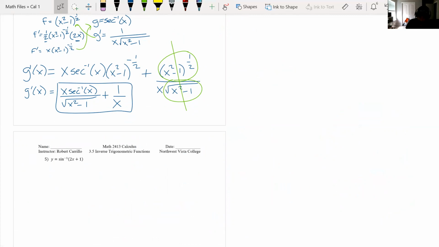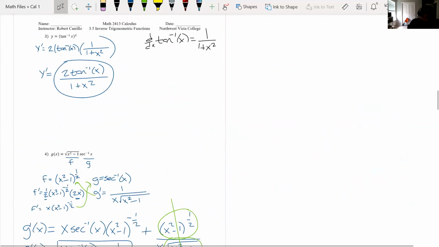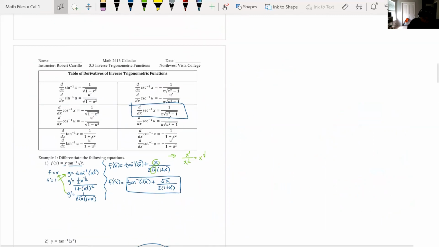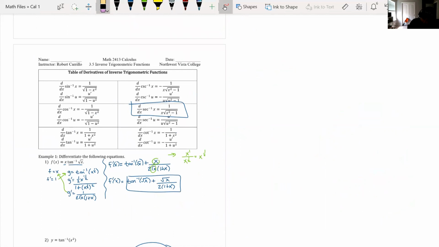Chain rule on the next one, or inverse sine. So let's go look at that. We are going to be using that one. So inverse sine of u, u prime over the square root of 1 minus u squared.